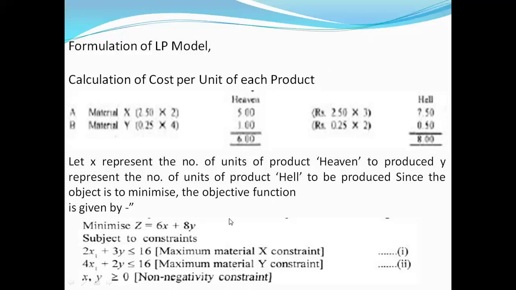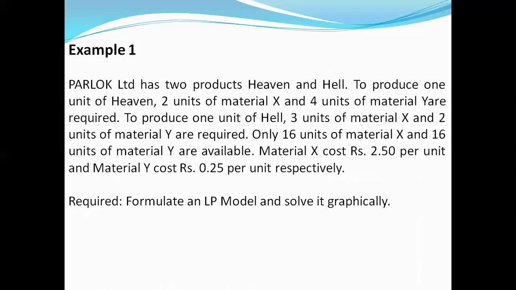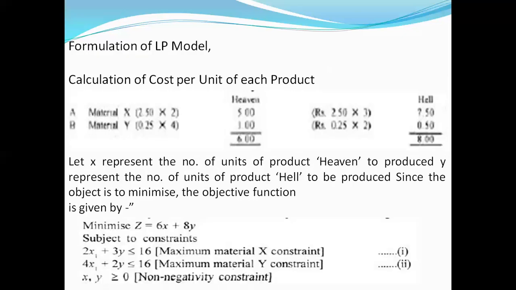The constraints in polynomial equation format: 2x1 plus 3y less than or equal to 16, that is the maximum of the x constraint, and simultaneously 4x1 plus 2y less than or equal to 16, the maximum material of the y constraint, have been considered.